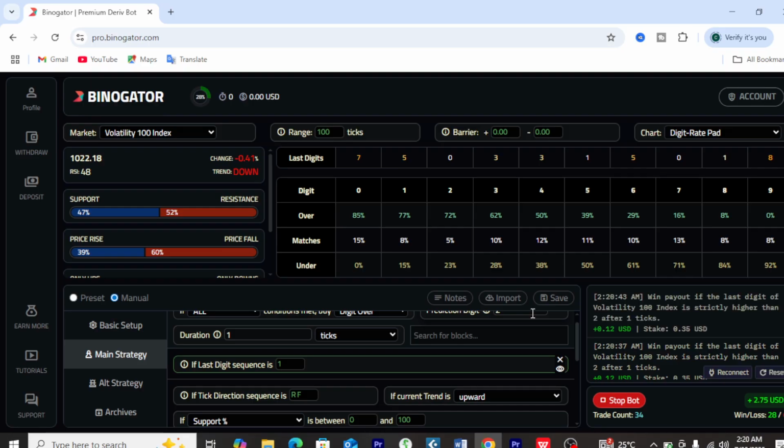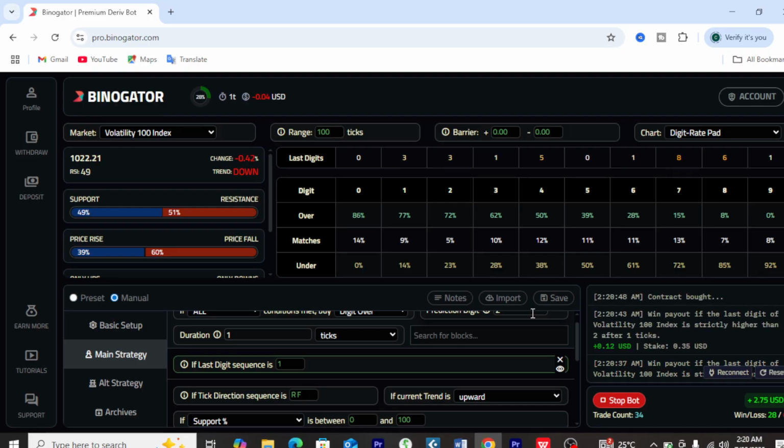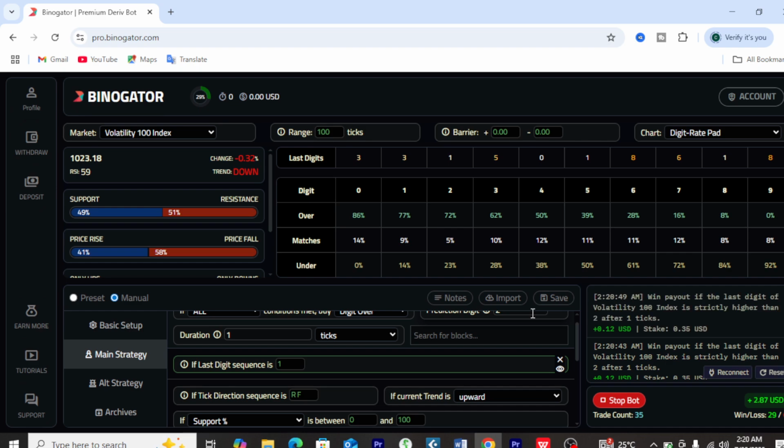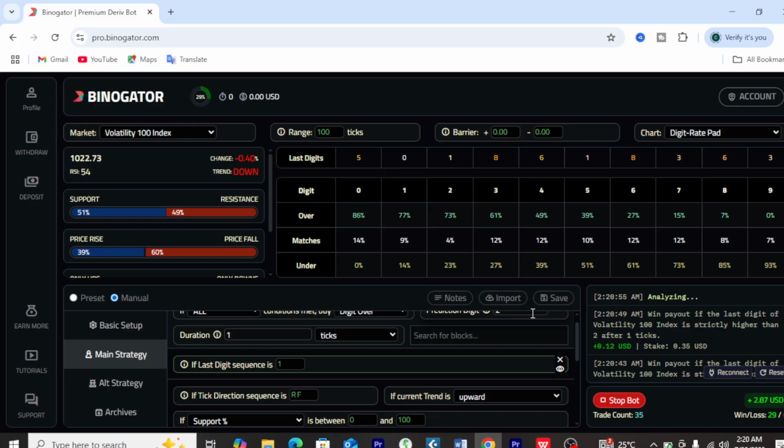So it's going to buy if the last digit of the bot is 1, and it's going to be over 2. So it has won 2 trades now because of the condition that I set. So this is another way you can run the contracts on the bot.